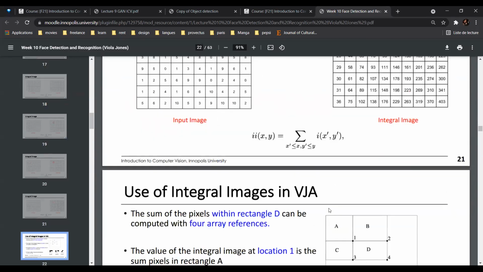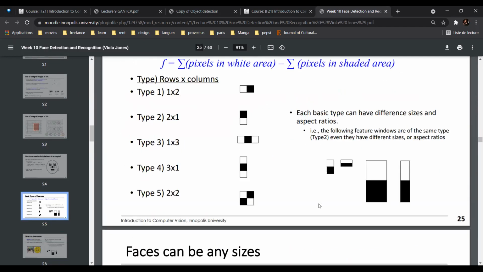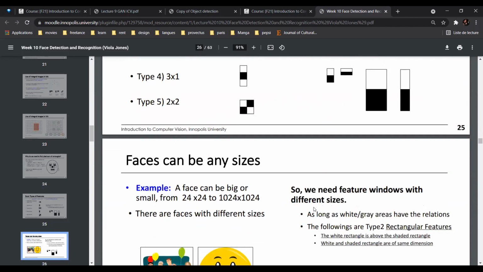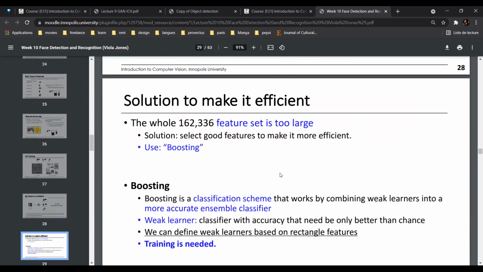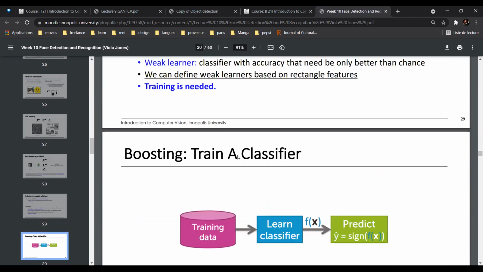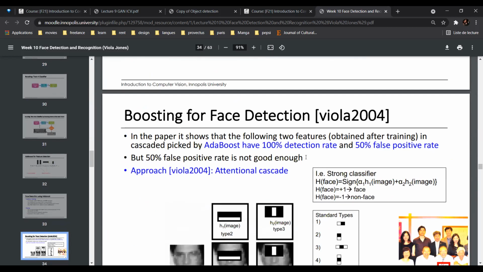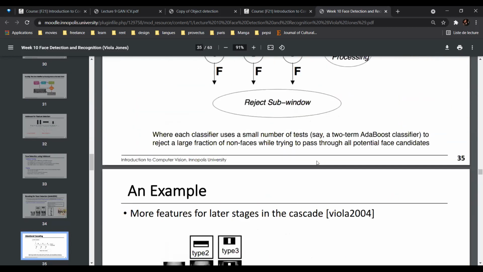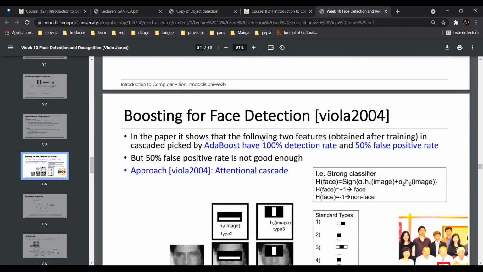In order to choose which subset of them and which sizes we should use, we simply train a boosting algorithm. Basically, we combine a couple of these weak learners and see if they give us a strong learner. This training process takes a lot of time. We take the best combination that we have.